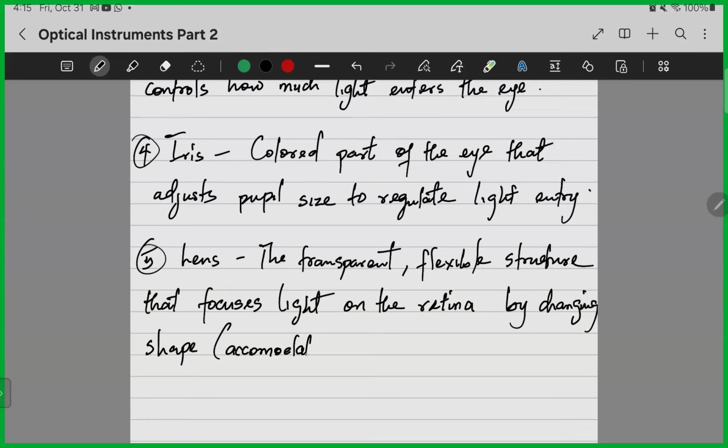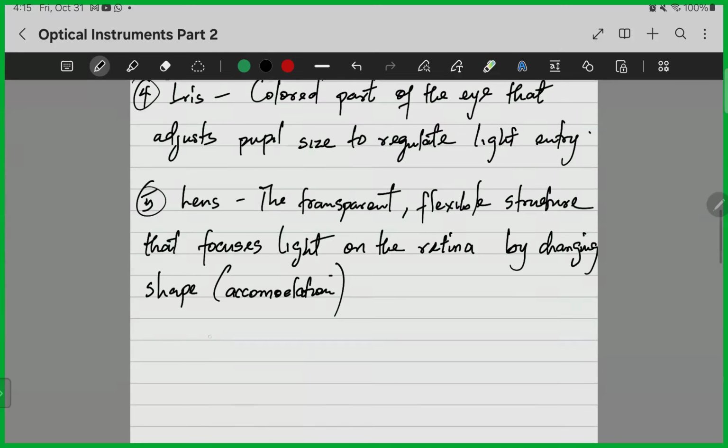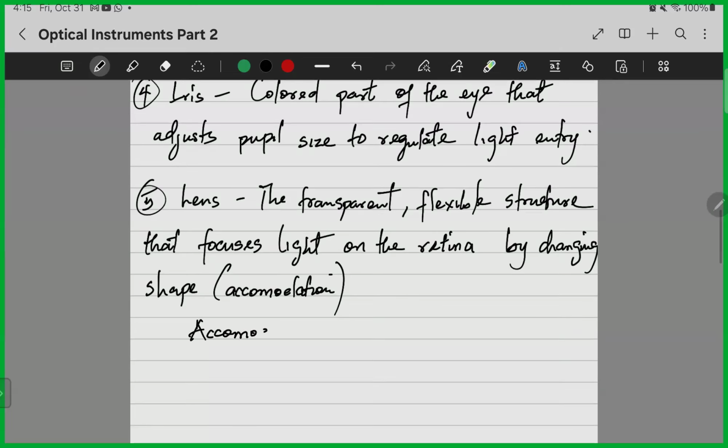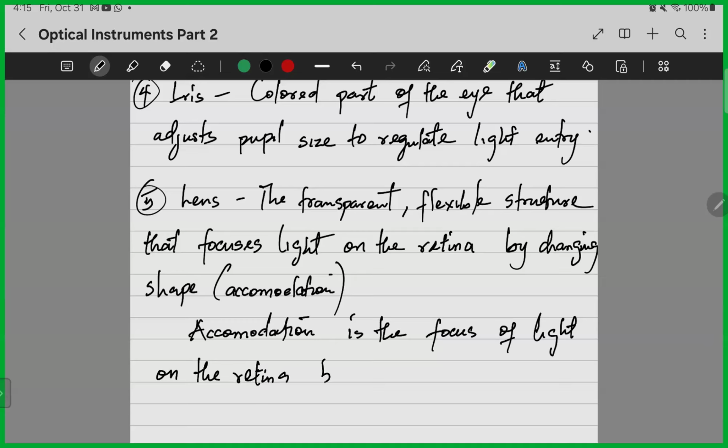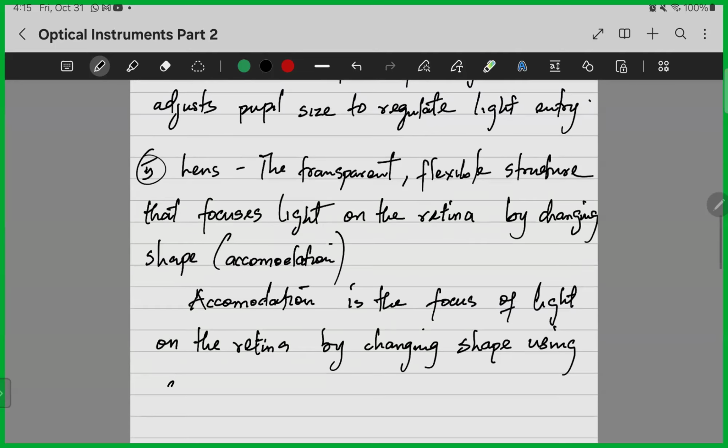So I can quickly define accommodation: it is the focus of light on the retina by changing shape using a lens. Keep that in mind.